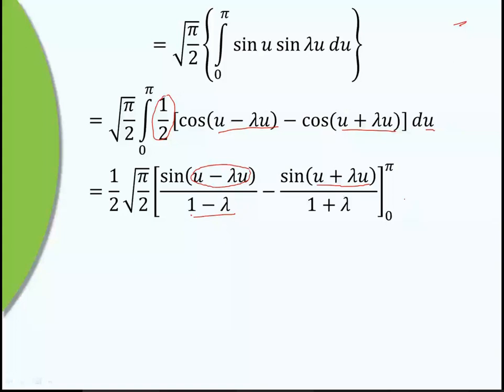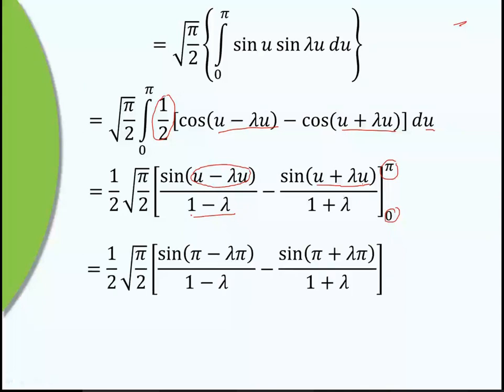Now substitute the upper and lower limits and then simplify. If you put the upper limit pi, this becomes sine of pi minus lambda pi, and sine of pi plus lambda pi. And at 0, it becomes sine 0 minus 0, that is sine 0, and this becomes sine 0 plus 0, that is sine 0, and sine 0 is 0.